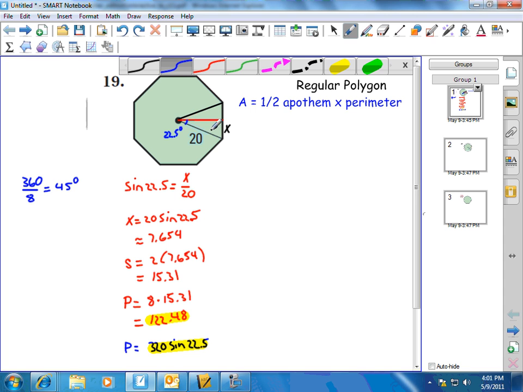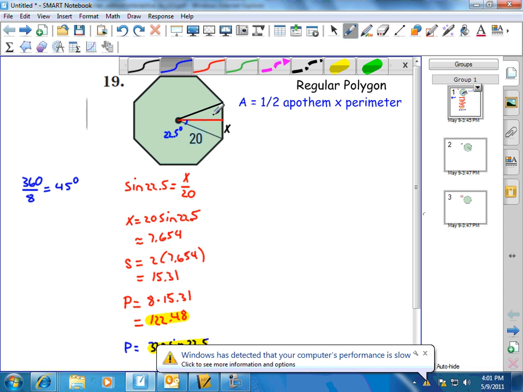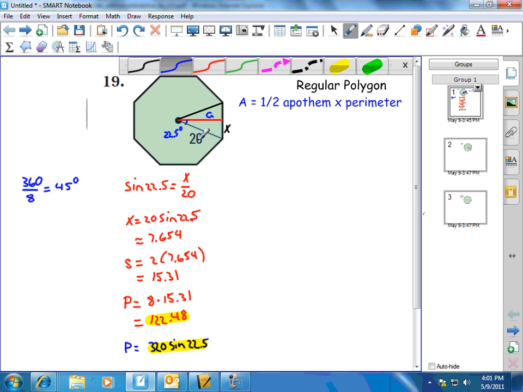I'm going to call this A, the apothem, and I've got the hypotenuse. So from 22.5, that's adjacent over hypotenuse. That's cosine. So the cosine of 22.5 has to equal A over 20.